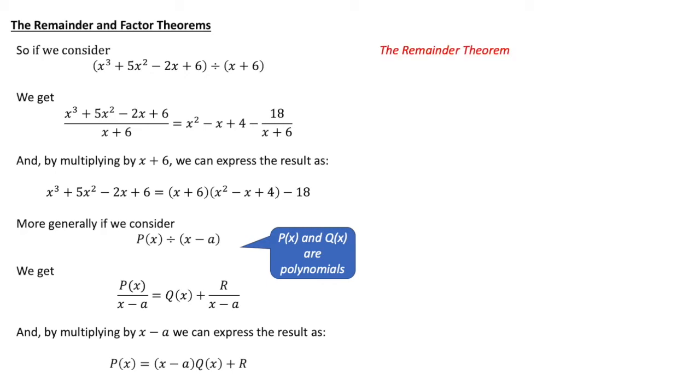And that leads us to the remainder theorem. If we put x equals a into that last equation, then instead of p of x equals x minus a q of x plus r, we get p of a equals a minus a q of a plus r. And of course, a minus a is 0, as it always is. So we're left with p of a equals r.